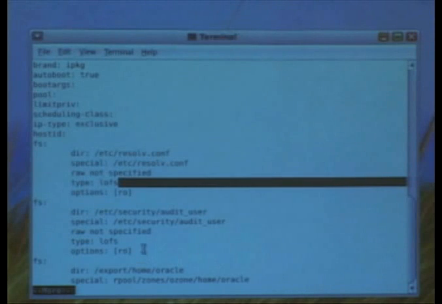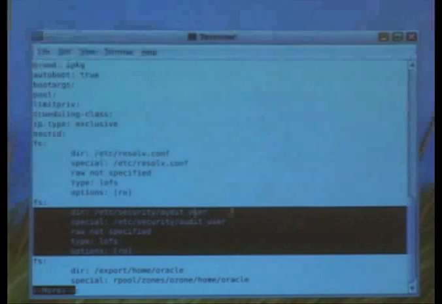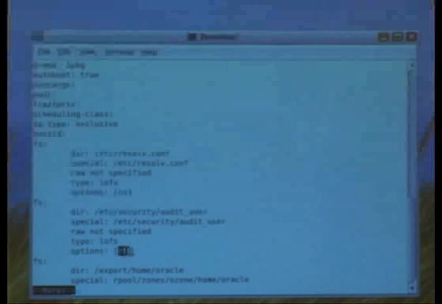Let's look at the one that actually is used throughout the demo, and that's the configuration for auditing. We have a configuration set up for auditing in the global zone, in the file etc security audit user, and that is mounted into the zone into the same path. It's a loopback file system mount, and it's read-only.